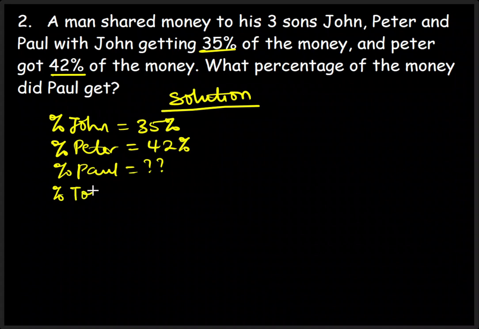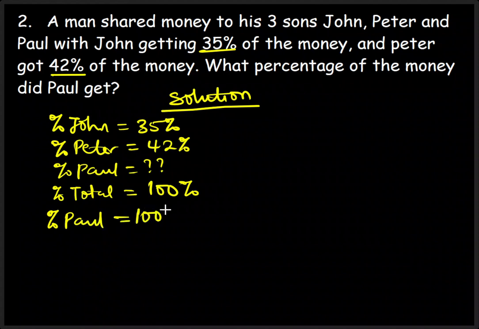Percentage total will be equal to 100%. So percentage of Paul's share will be equal to the total percentage, which is 100%, minus 35% minus 42%.